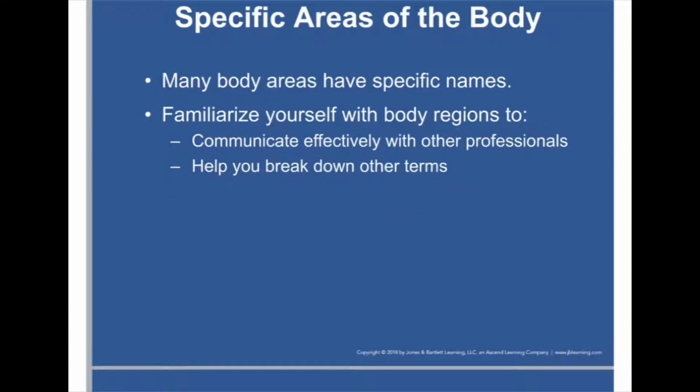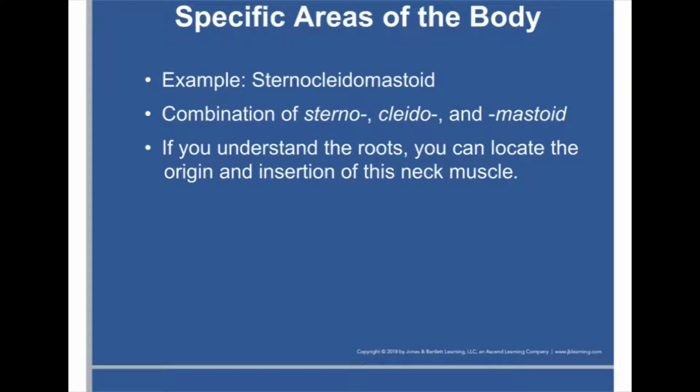You'll also need to know specific areas of the body that are referred to. So here's a really good example of a term that can easily be understood if you understand the root words, but you'd probably be pretty confused by if you'd never seen it before because it is so big. The word here is sternocleidomastoid.